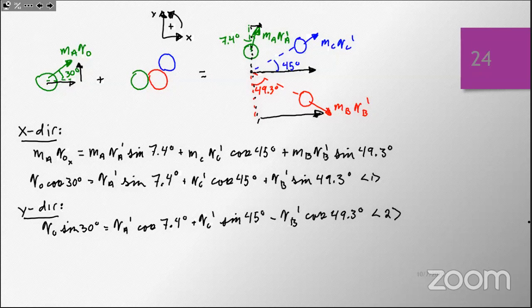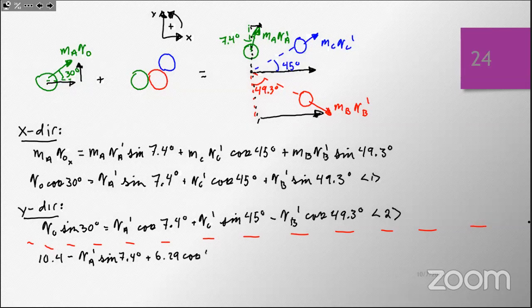I can plug some things in, right? And you'll get, I'll run out of space, but we'll do it right here. So I can plug some things into my x direction equation and I'll get some numbers. Cosine of 49.3 degrees.